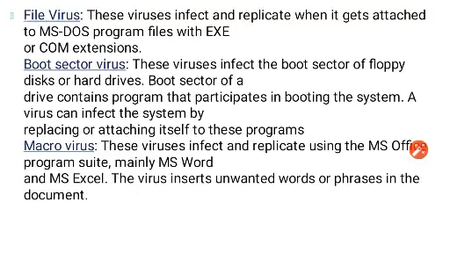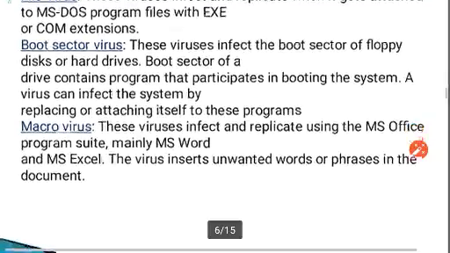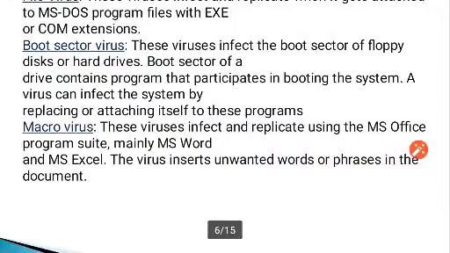Then the boot sector virus affects the boot sector of floppy disks or hard drives, and it contains a program that participates in booting of the system. That's why if a boot sector virus affects the computer, then the booting gets delayed.